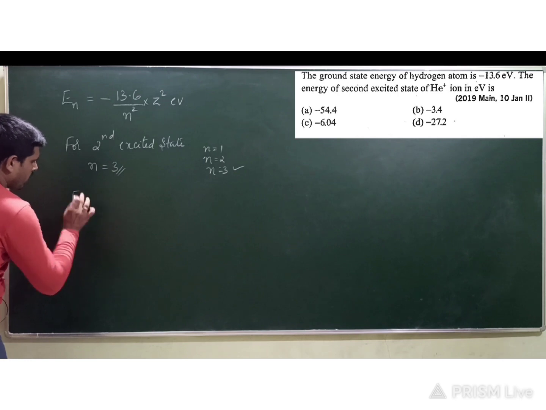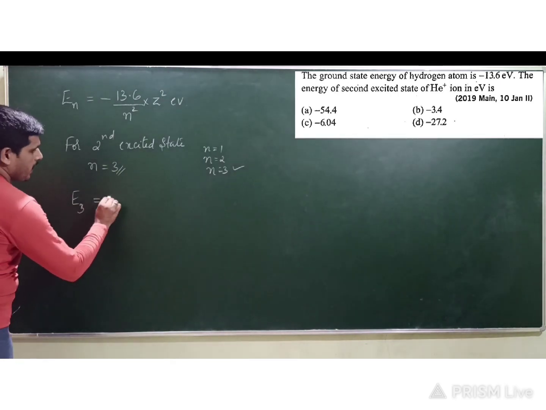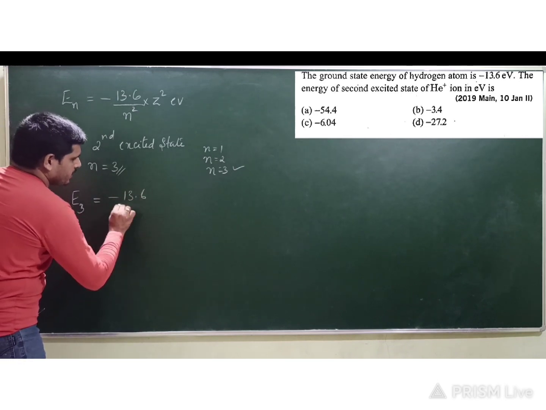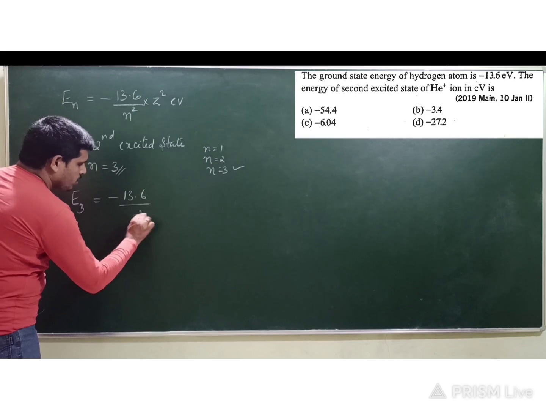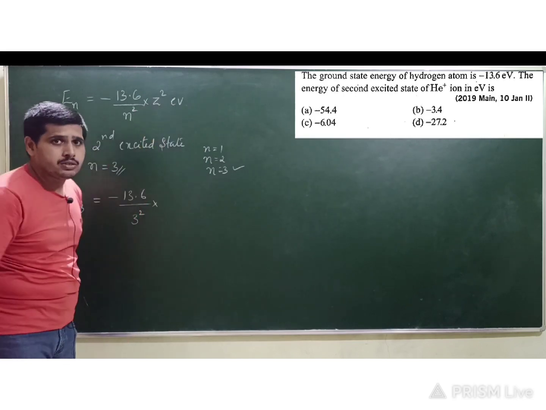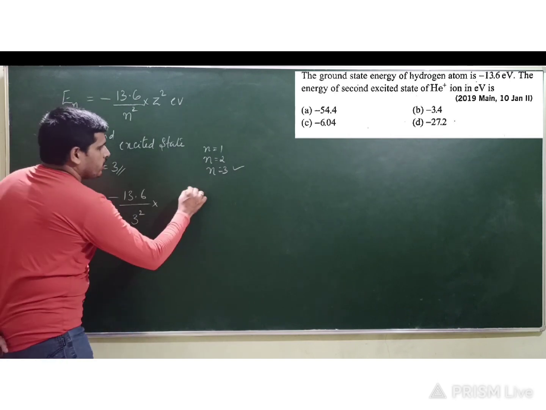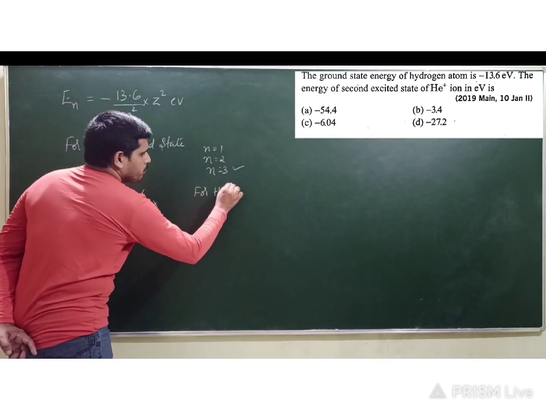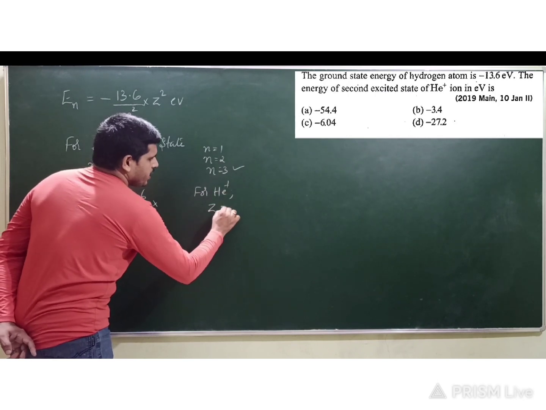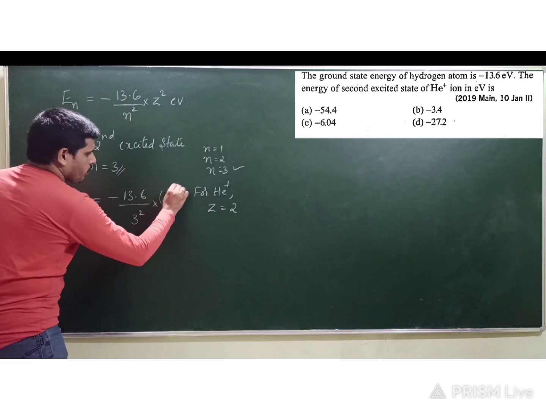E3 is equal to what? You tell me. Minus 13.6 divided by N, which is 3 square, into what is the Z value for helium? It is 2, right? So for helium plus, Z is equal to 2, atomic number is 2, so it will be 2 square.